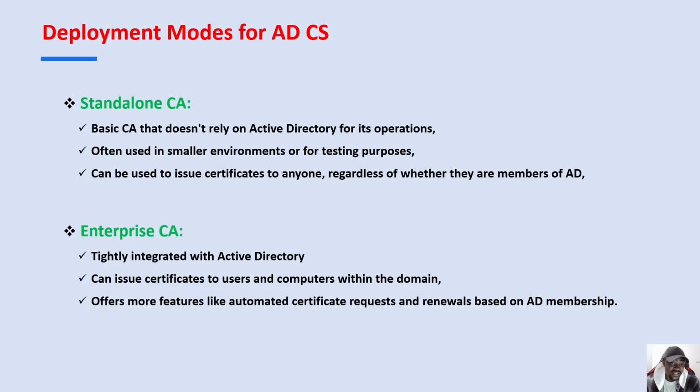So with the enterprise CA, you have the flexibility to do many other things, and to take many more actions than you have on the standalone CA. Those are the two deployment modes that are available when configuring ADCS.